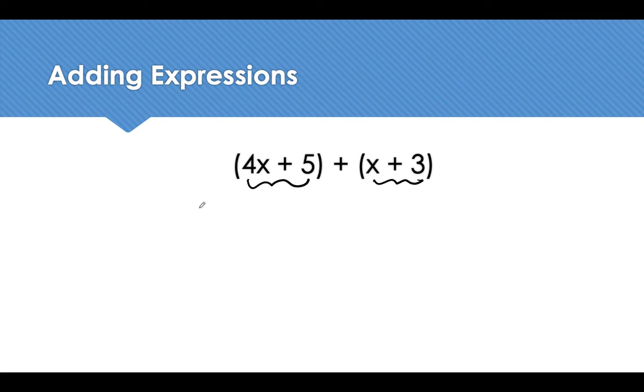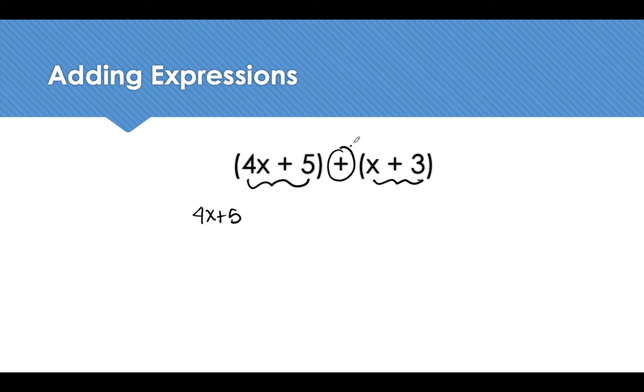Since I don't know what x is, I can simplify this, but I have to be very careful how I do it. So what I'm going to do is start by rewriting the first quantity, 4x plus 5. Since there's nothing in front of it, I'm not doing anything else to it, so I can get rid of the parentheses and just rewrite it as 4x plus 5. And then I'm going to add this whole second quantity onto the first quantity.